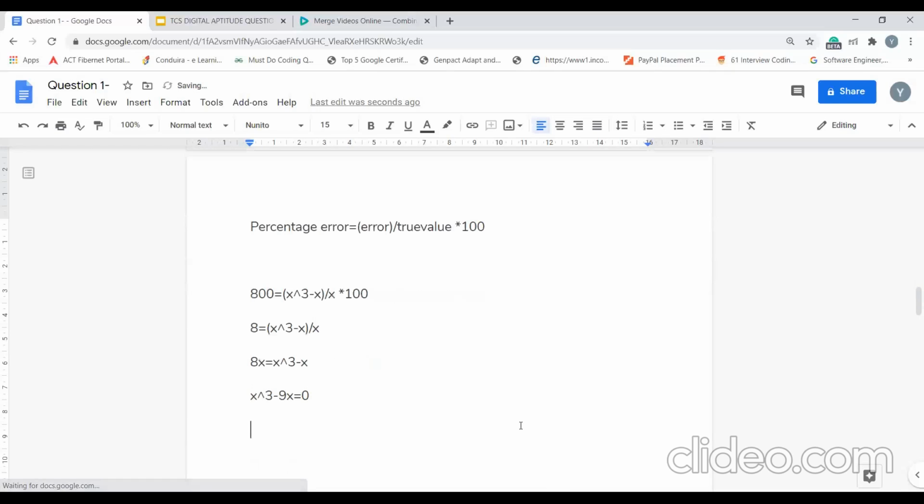So what are the solutions for this equation? x can be 0, x can be 3, x can be minus 3.